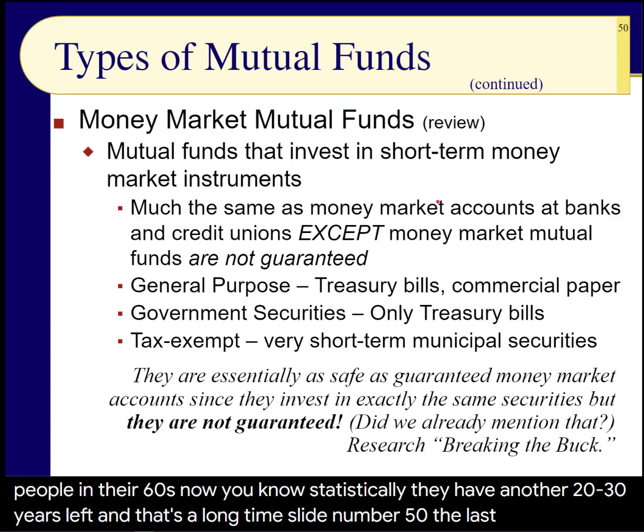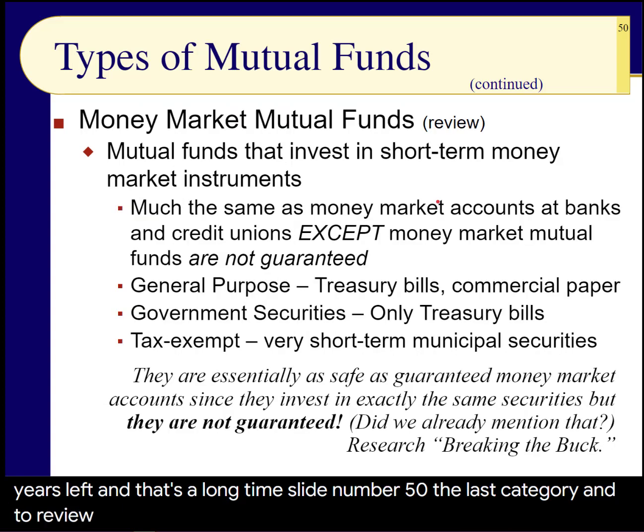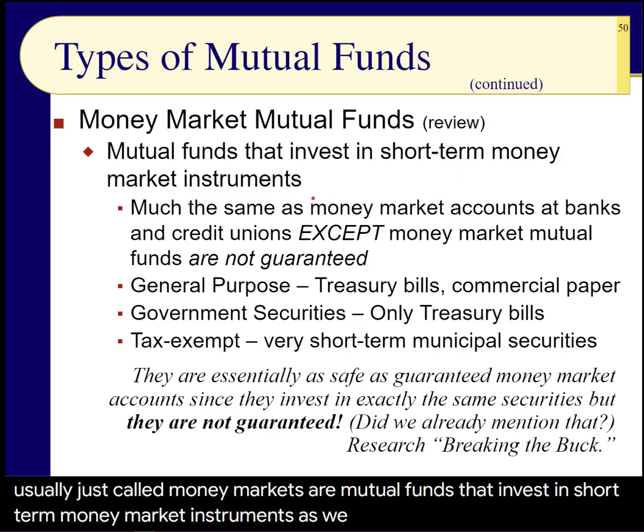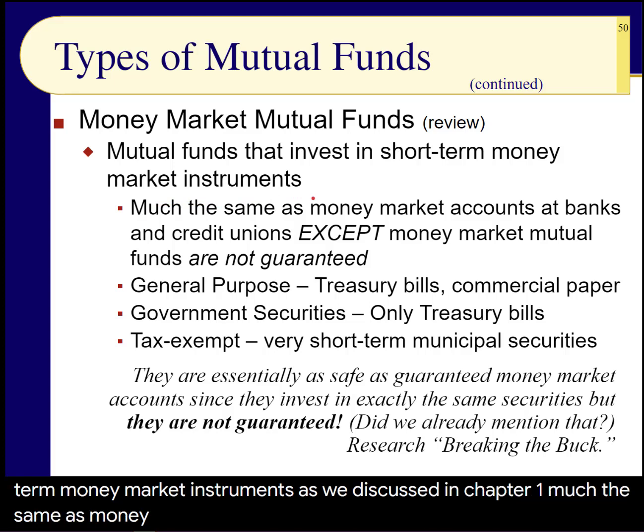The last category, to review, is money market mutual funds. Money market mutual funds, usually just called money markets, are mutual funds that invest in short-term money market instruments, as we discussed in Chapter 1. Much the same as money market accounts at the banks and the credit unions, except what's the difference?